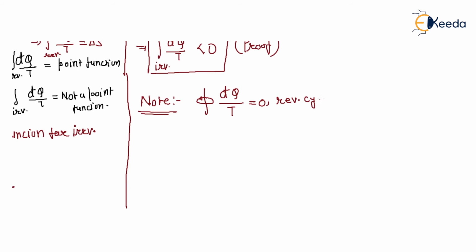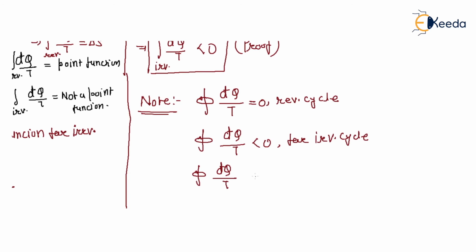For an irreversible cycle, the cyclic integration dQ by T is less than 0, and the cyclic integration dQ by T greater than 0 is an impossible cycle.